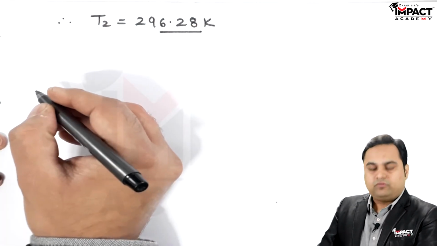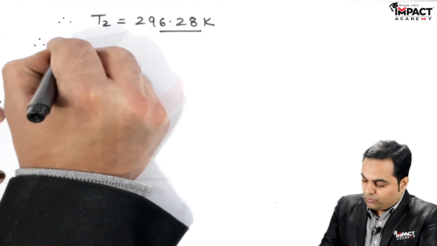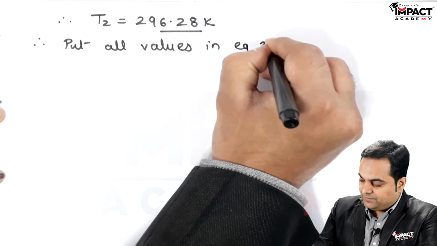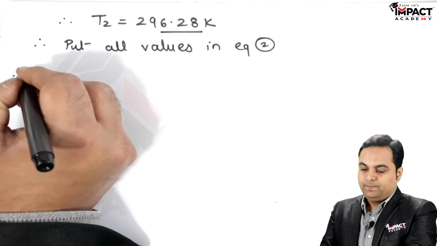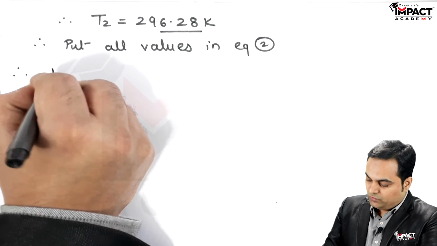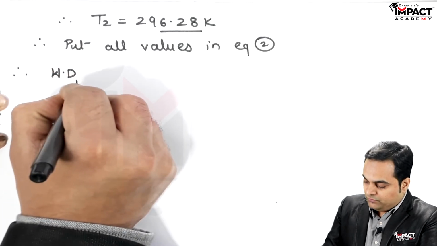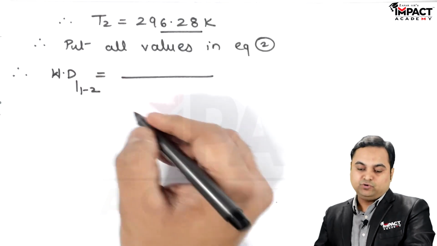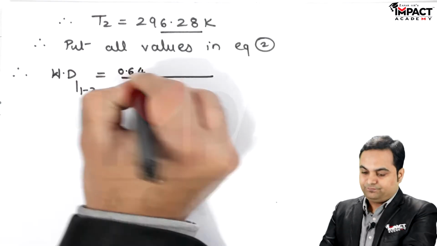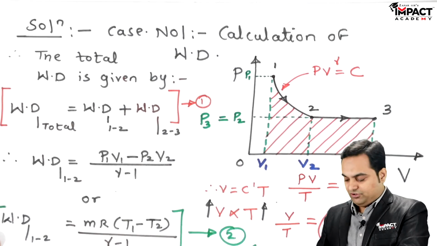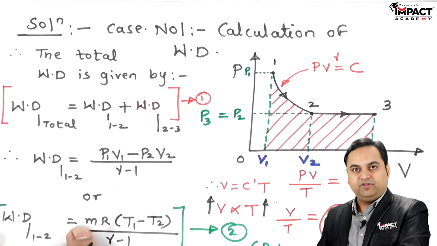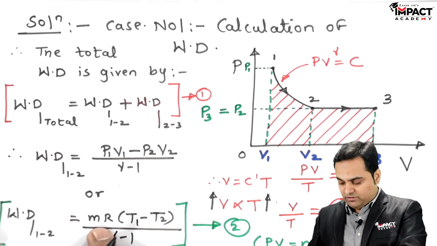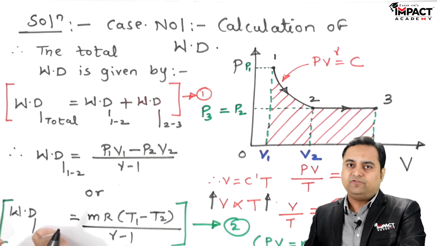Now once T2 is also known, I can put all values in equation 2. So in equation 2, work done during process 1 to 2 is equal to M into R, where M value is 0.64. It is MR (T1 minus T2) upon (gamma minus 1). Now if I keep R in terms of kilojoule per kg Kelvin, the answer of work done would be in the form of kilojoule.